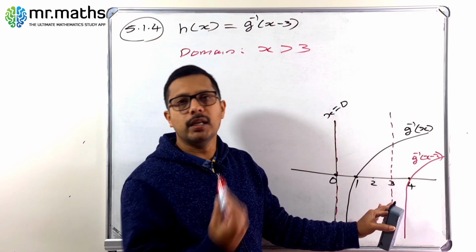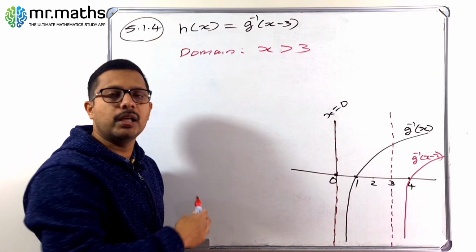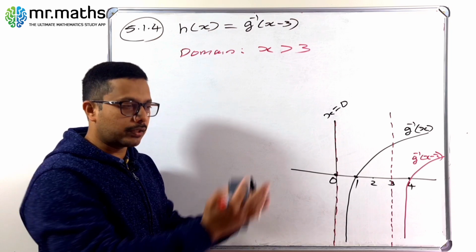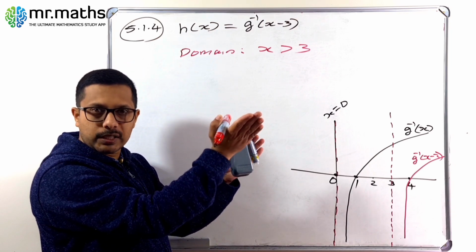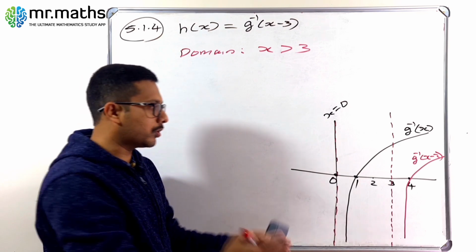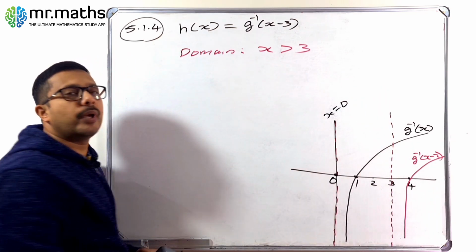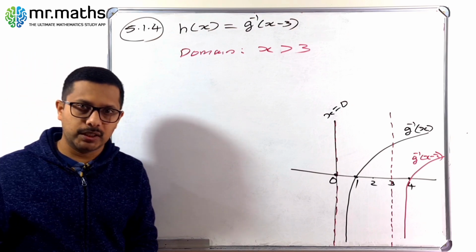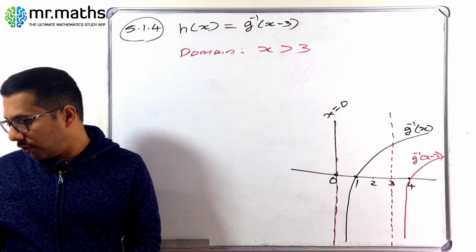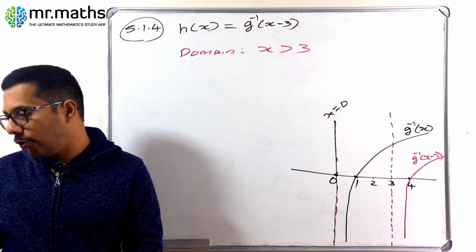If you write greater than or equal to 3, that is wrong, because then you are saying that g inverse of x minus 3 touches x equals 3. No, it won't, because that one is an asymptote. So this is the answer: domain x is greater than 3. That is question number 5.1.4. Now let's go to the next question, 5.2.1.